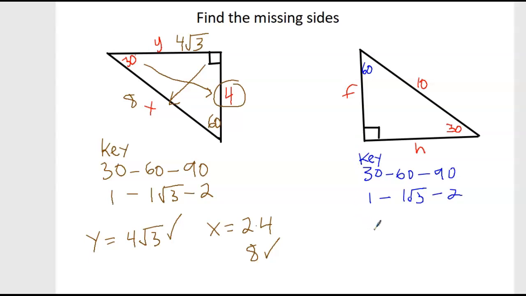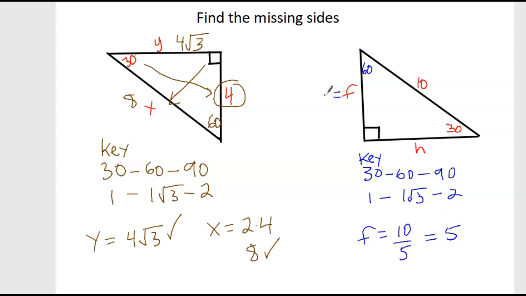So for us to find our f, we know from the previous example that when you're looking for the longer side here, it's just twice of this. So if we have been given this and we are looking for here, we just divide it by 2. It's going to be just half of it. So it's 10 divided by 2, and that gives us 5.